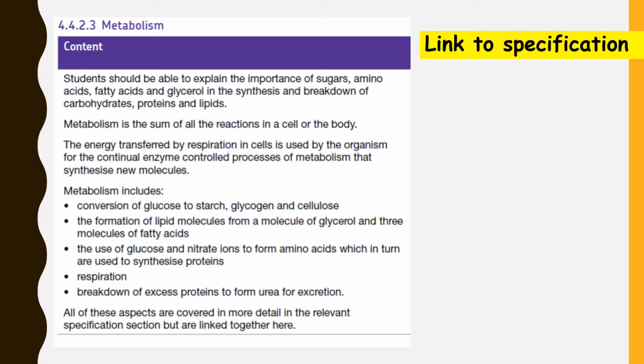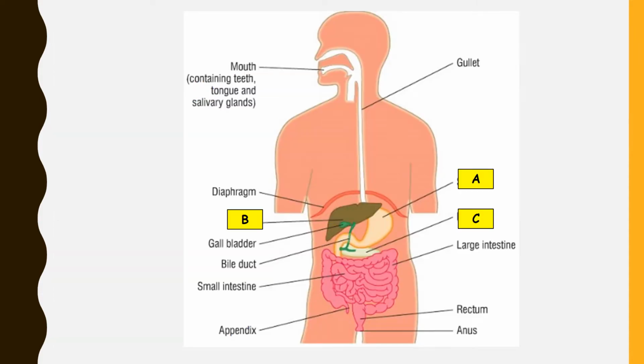We also need to know some examples of the reactions involved in metabolism, which you can see there and which we'll discuss as we go through. All of these aspects are covered in more detail in the relevant specification section. A big thing about this topic is how it links in with other bits that we've covered, so respiration, digestion, and things like that.